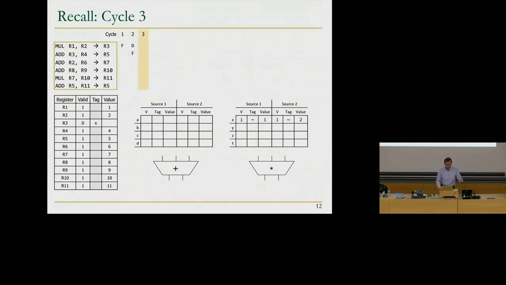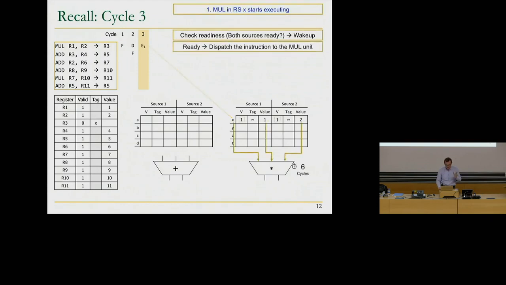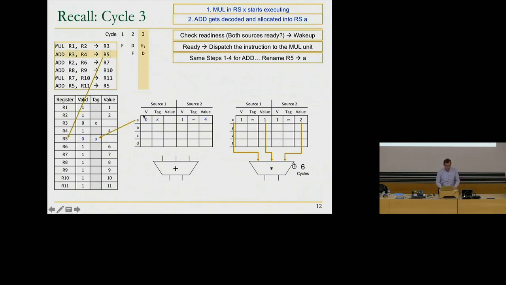So this is cycle 3. Again, I'm not going to go through this animation again. You should do it on your own. We did it last time. Basically, this instruction becomes available in cycle 3, so it can execute, and it starts executing, and the next instruction gets renamed in cycle 3. As you can see, the next instruction is sourcing R3.